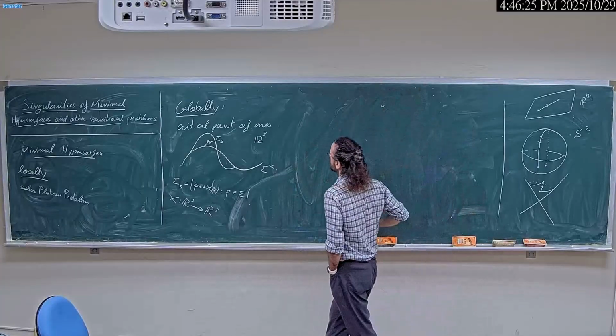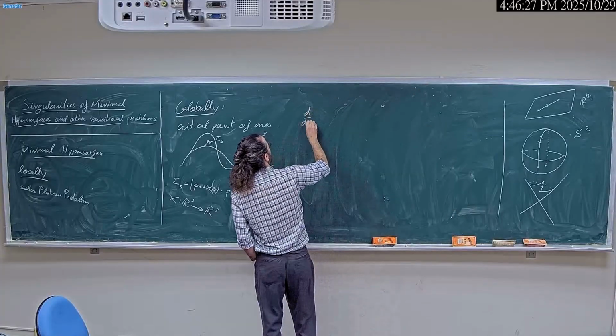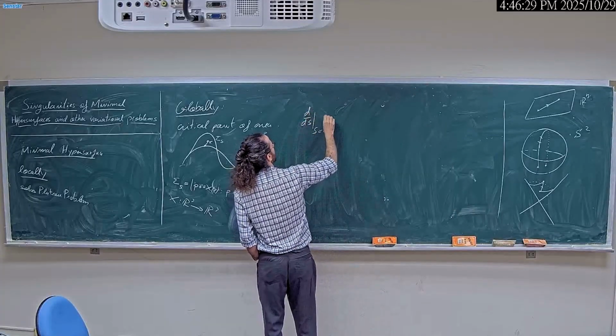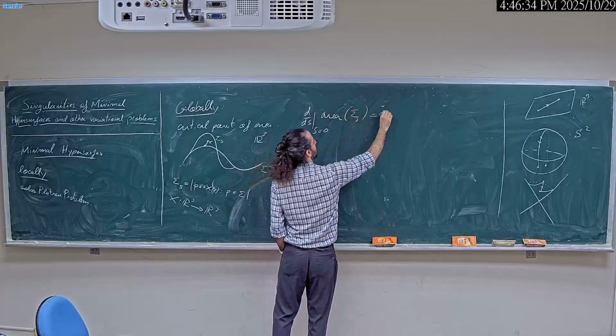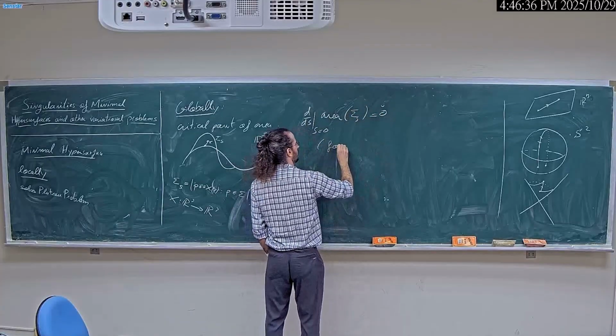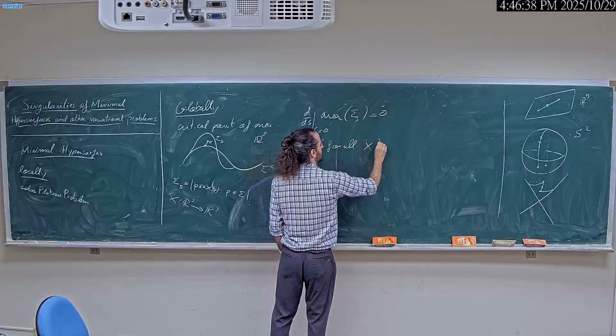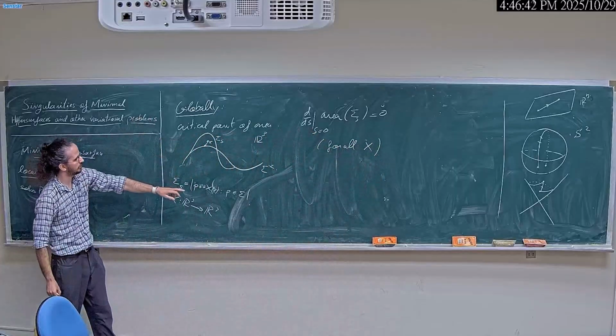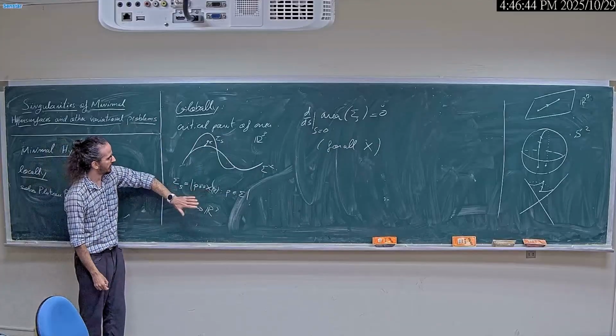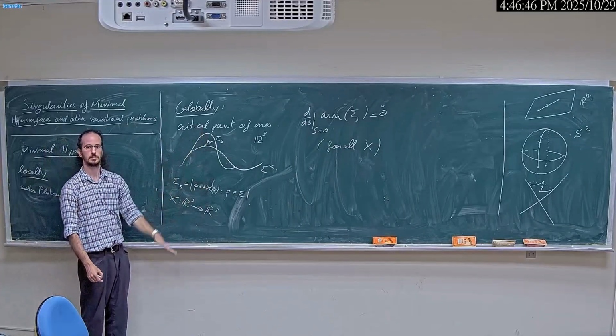So critical points, again, the derivative is equal to 0 for any vector field you choose. Okay?